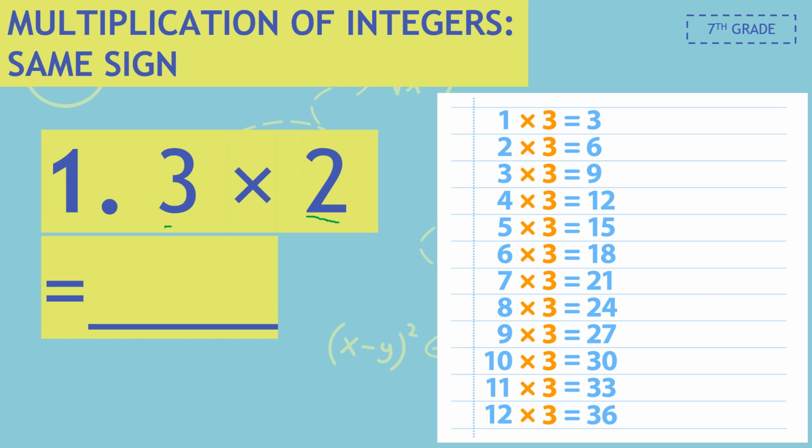If we look dito sa ating table, ang 3 times 2 po ay equals to 6. So ibig sabihin, ang sagot po natin dito ay 6. So what would be the sign? Ang sign po, again, will always be positive.